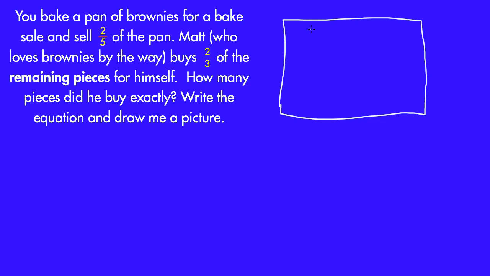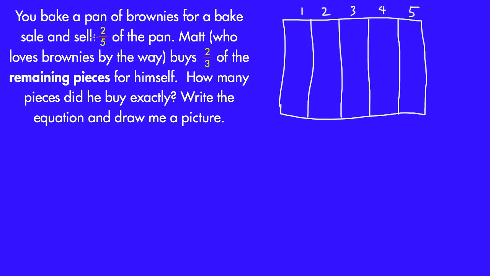I'll try to get these as even as possible. Here's 1, 2, 3, and 4 lines, and when we do that, we should have 1, 2, 3, 4, and 5 pieces in the brownie pan.